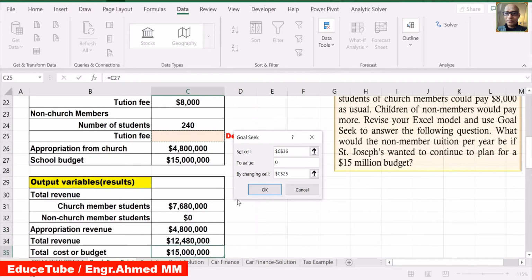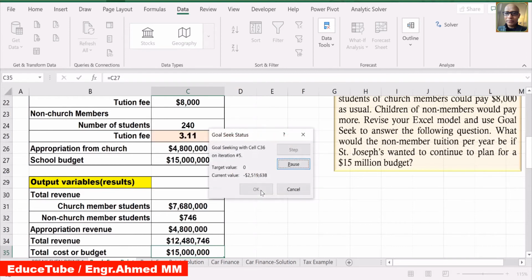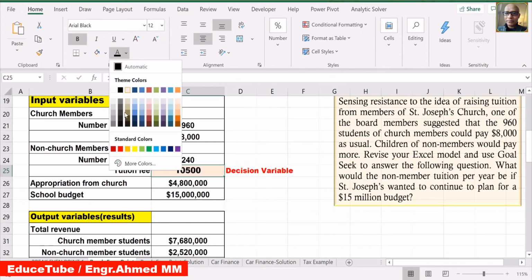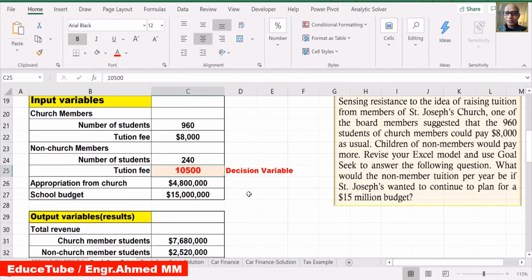This one, C25. Click OK. It is generating 10,500. I'm putting it in red color so it will be more prominent. So 10,500 is to be paid by non-church members. That's what they were asking, the non-member tuition per year. So we got it, and this problem is solved.